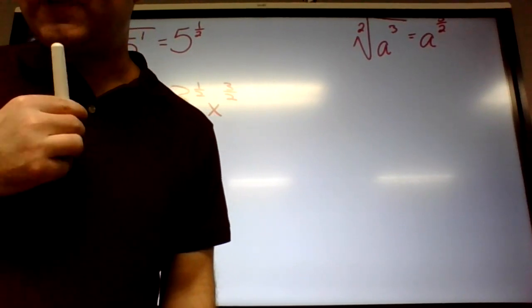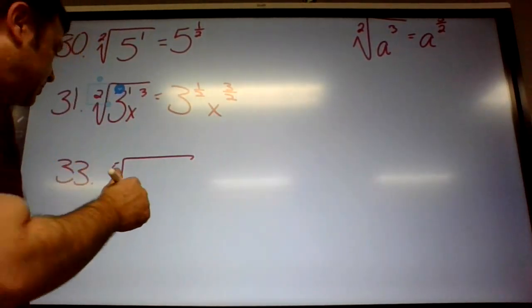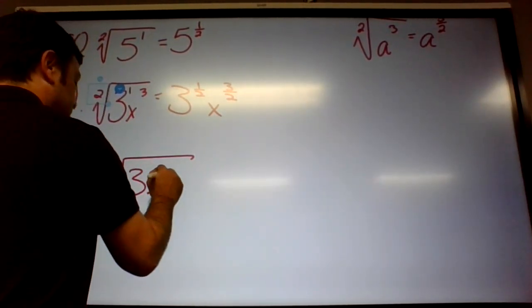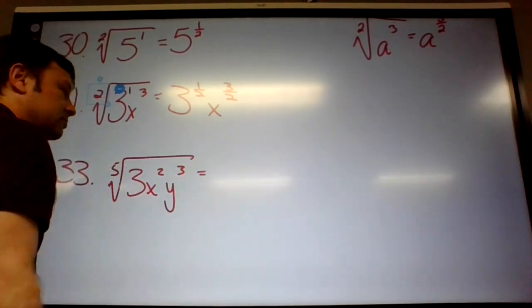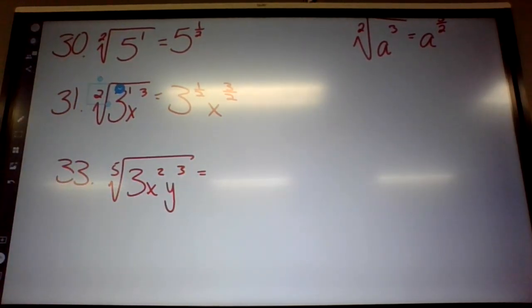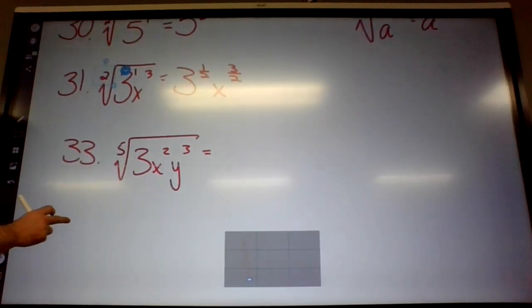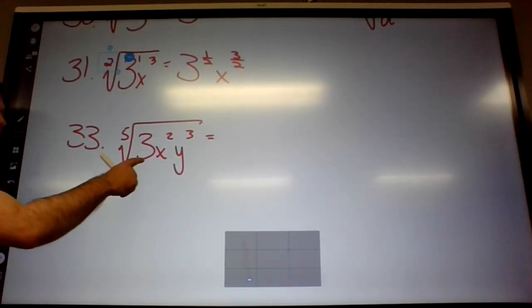I lost my place. 5th root of 3x squared y cubed. Alright, did I write the right one this time? Yes. Okay. Miranda, do you know what this is going to be? 3.